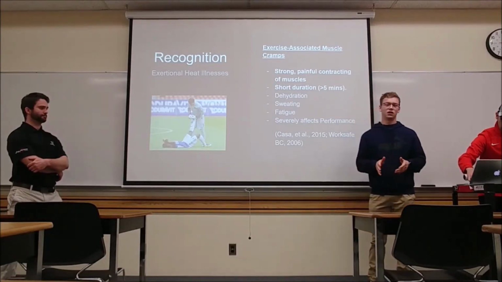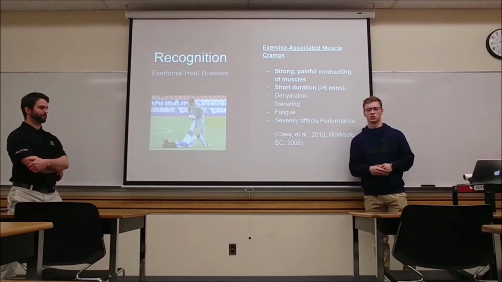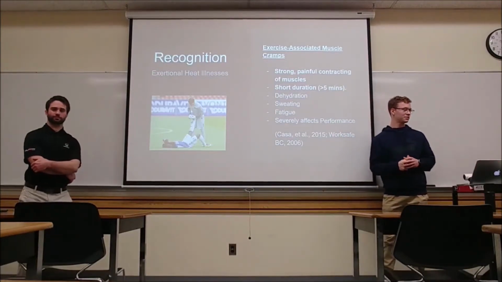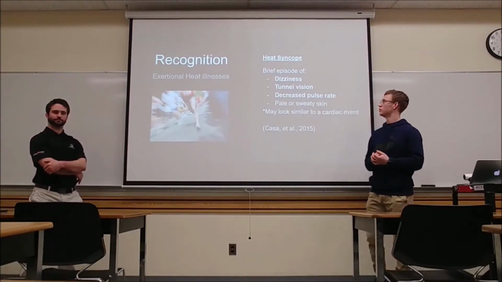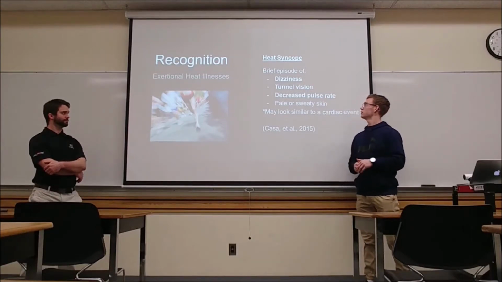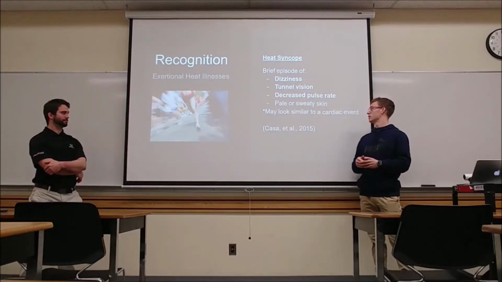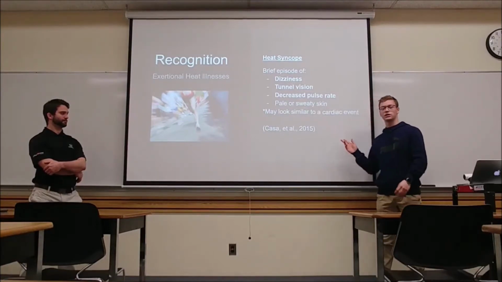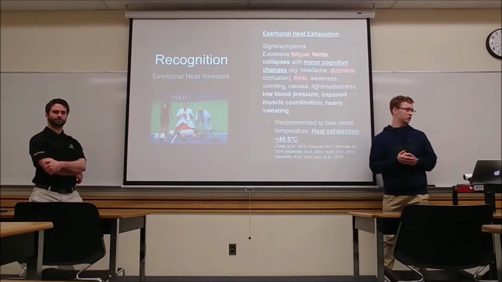They are typically less than 5 minutes, and often athletes are dehydrated and sweating. Next we have heat syncope. This is a little more intense. Athletes experience some dizziness, tunnel vision, and a decreased pulse rate. However, it may look very similar to a cardiac event, so staff must be aware of these things.